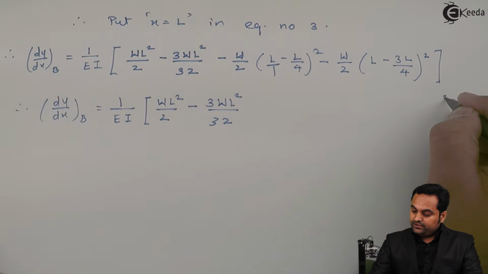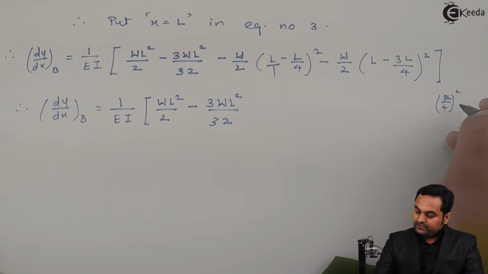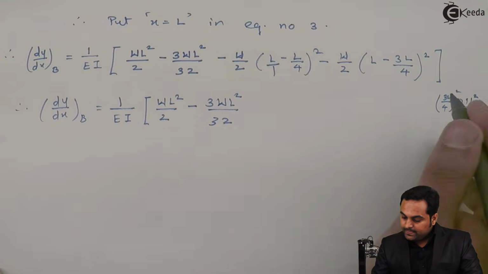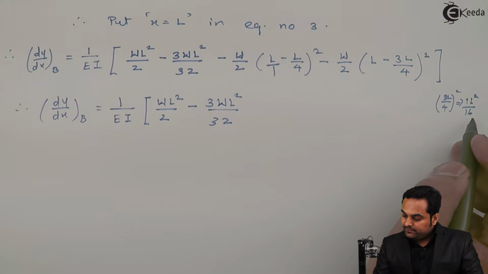So 3L by 4 square it is. So that becomes 9L square by 16.